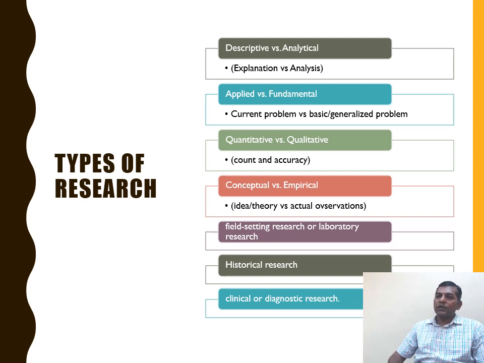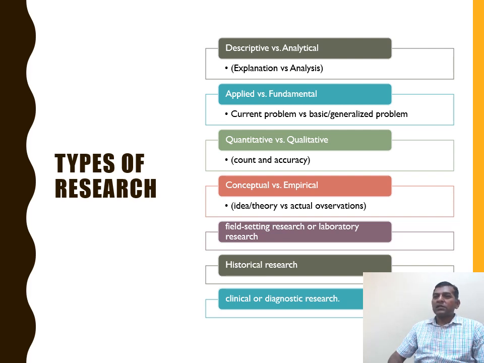Whereas qualitative research is about accuracy, where we are expecting very accurate things, the speed, the performance, then the result of any entity, which will be more important in accuracy than quantity, then this type of research can be considered qualitative.